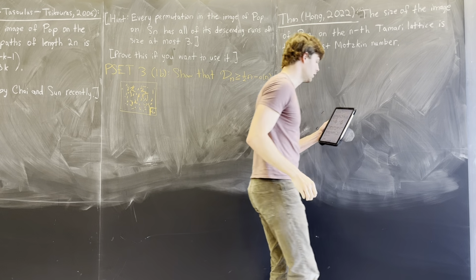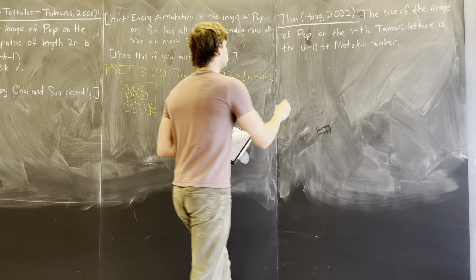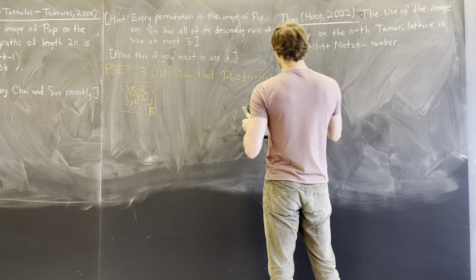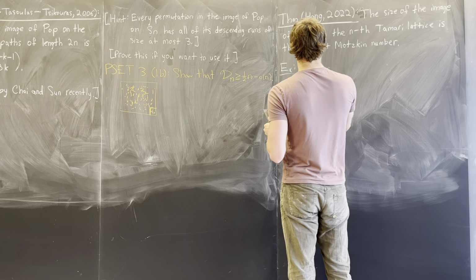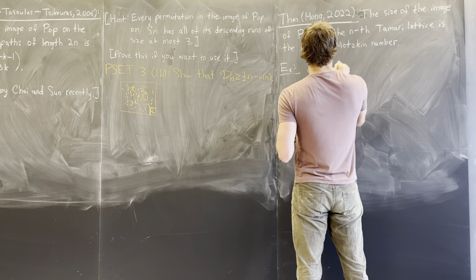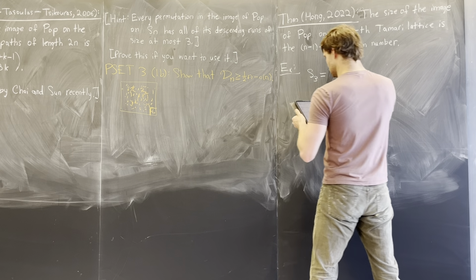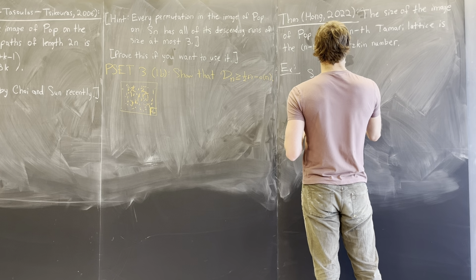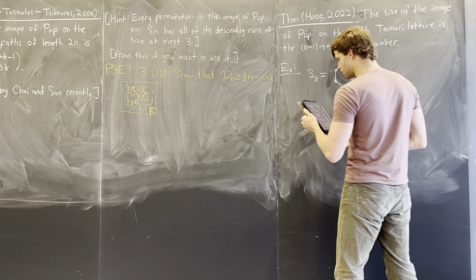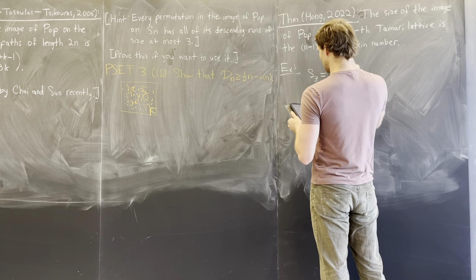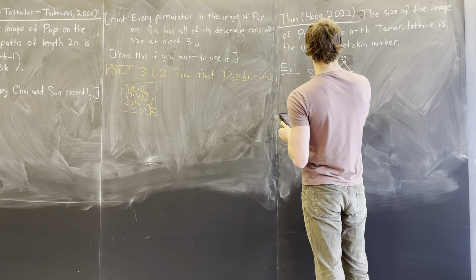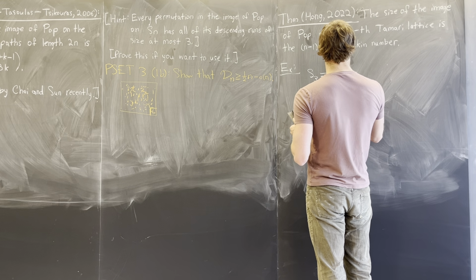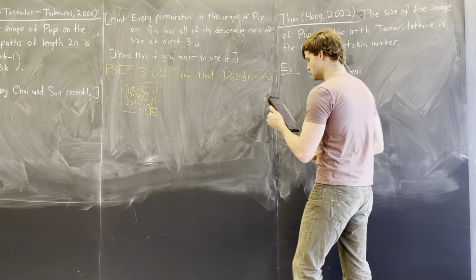So I'll give an example of this. Let's say here is S3, the weak order on S3, which looks like this. Here's 3, 2, 1. Here's 2, 3, 1, 2, 1, 3, 1, 2, 3, 1, 3, 2, 3, 1, 2.